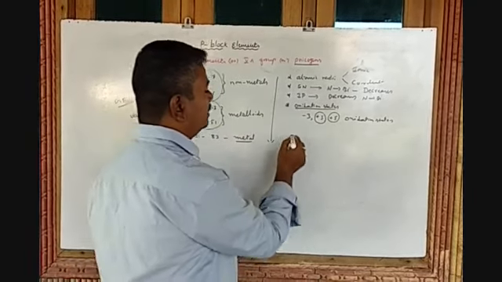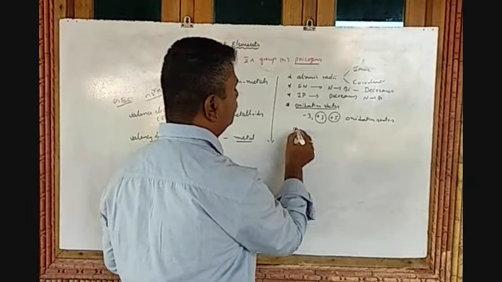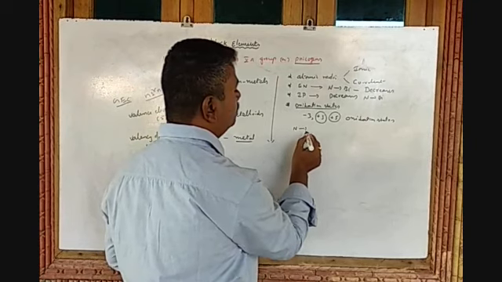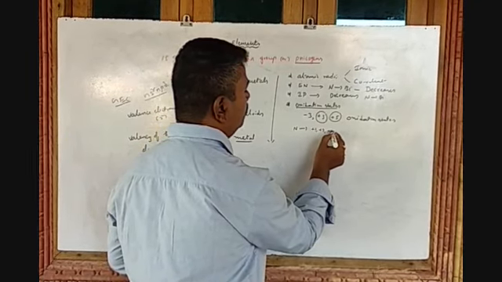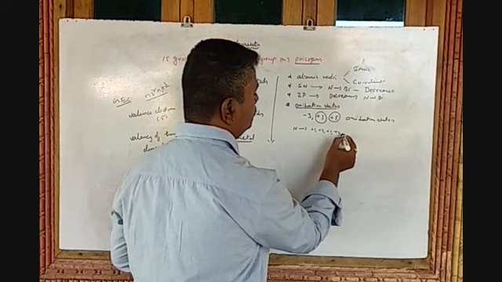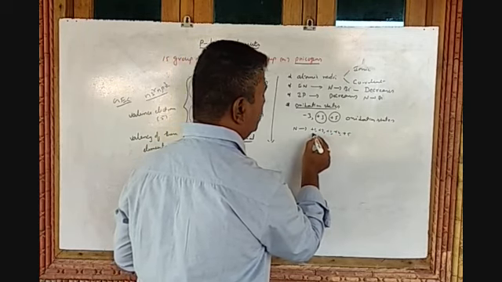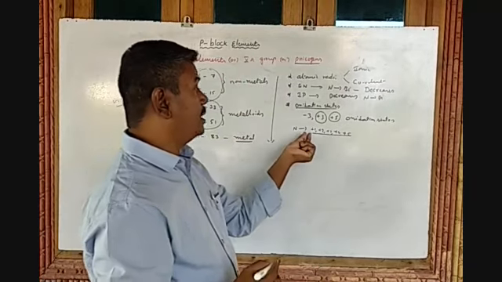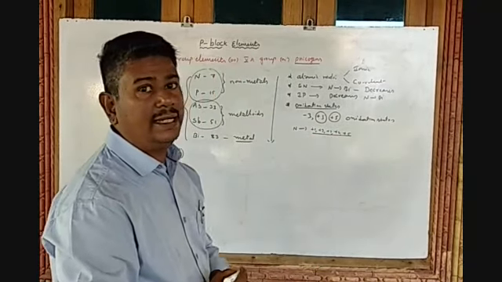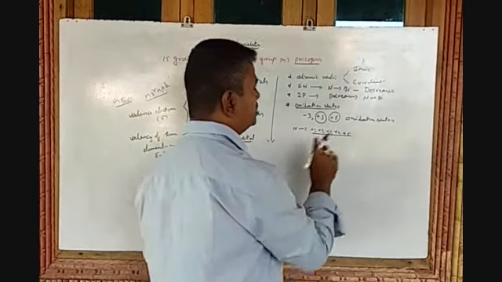Observe here: nitrogen exhibits +1, +2, +3, +4, +5 oxidation states. Nitrogen can exhibit up to +1 to +5 in its oxidation states.